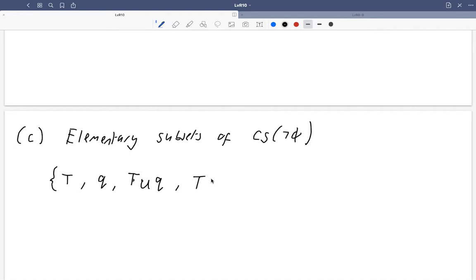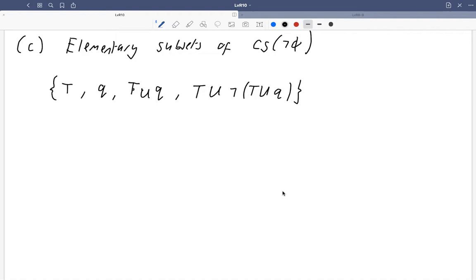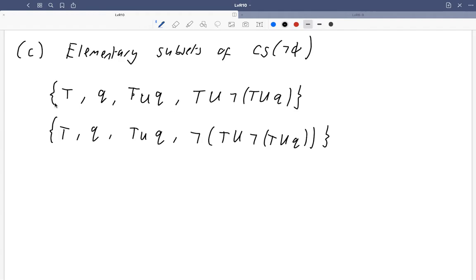We have true until the negation of true until Q. And we're also going to have another elementary subset, true until Q, with the negation of this, not true until not true until Q. Okay, so those are the only two possibilities where we have Q in.